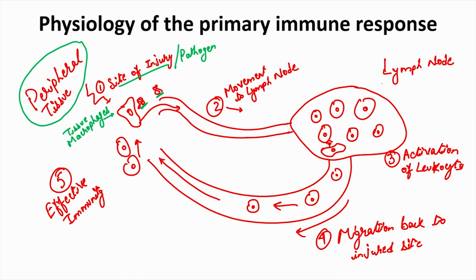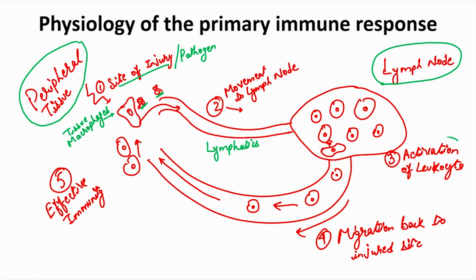and go to the secondary lymphoid organs, the secondary immune response organs, one of which is called the lymph node. This is through the lymphatics, so we have lymphatics here. These cells will go through the lymphatics and present whatever antigen they have acquired to the leukocytes, the T cells and the B cells.